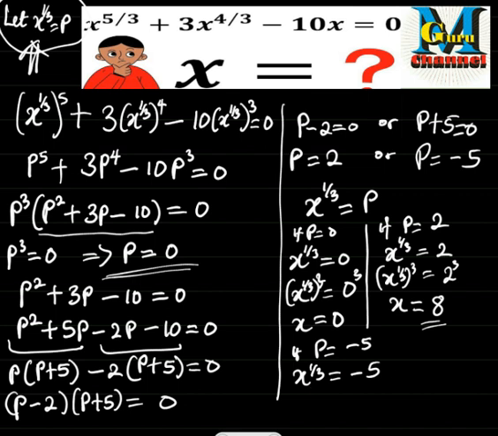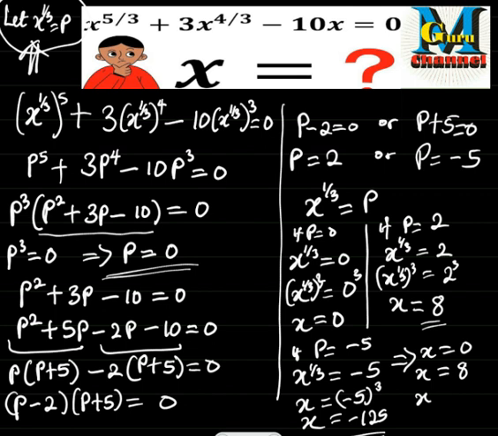So if we cube both sides as well, we're going to have x equal to negative 5 cubed, and x will be equal to negative 125. That is to say, x is equal to 0, x is equal to 8, and x can also be equal to negative 125.